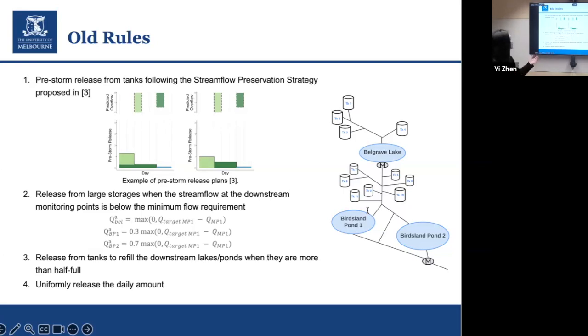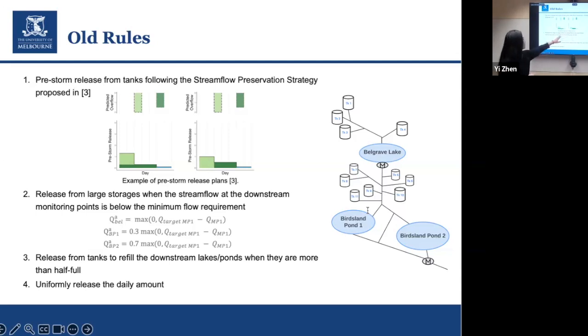Basically, we estimate the overall amount for the storages for the next 7 days to determine the total discharge volume from the tanks. And then we compare the release plans in these two graphs to choose the one with a lower discharge rate. So in the first plan here, we distribute each predicted overflow amount uniformly across the days leading up to its occurrence.